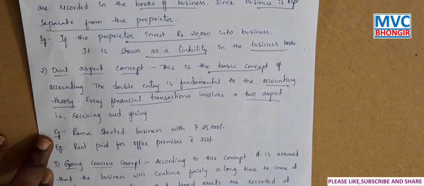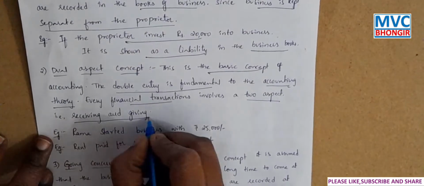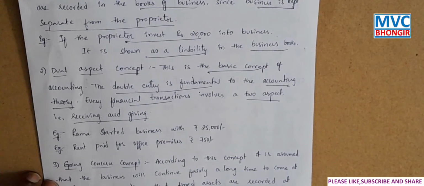That means it is a dual aspect: the receiving aspect and the giving aspect. So for every business transaction, we have to write the two aspects, two effects.